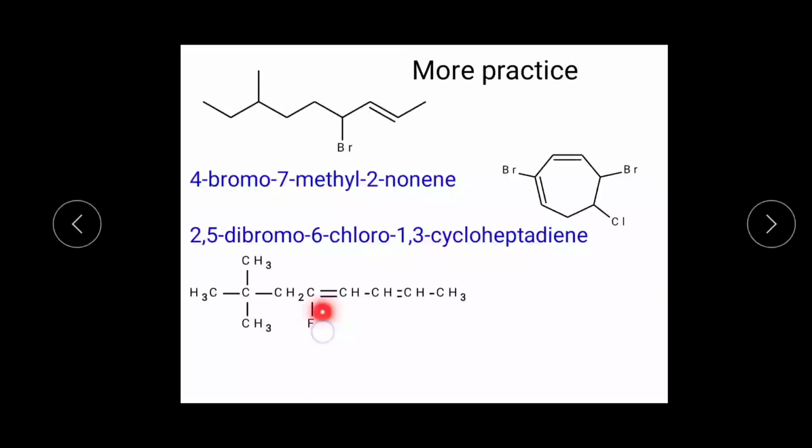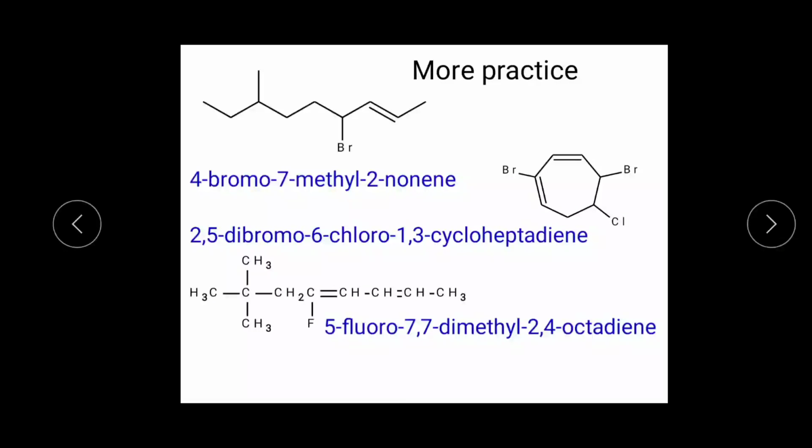And the chloro, the halogen or alkyl halide, is located here on the fifth carbon, while there are two methyl or dimethyl attached on the seventh carbon.